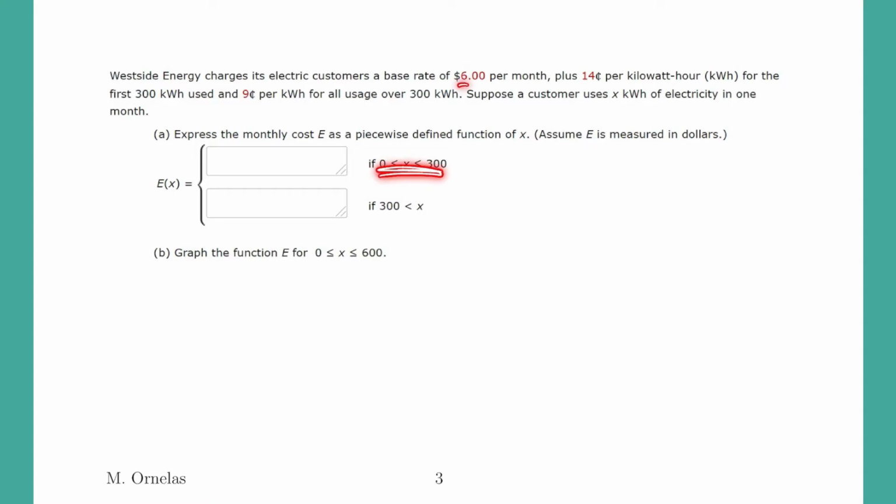But for this top one, they're going to charge you the flat rate of $6 plus the 14 cents per kilowatt hour. So this would be $6 plus 14 times x, because they're telling you to suppose that a customer uses x kilowatt hours of electricity in 1 month.